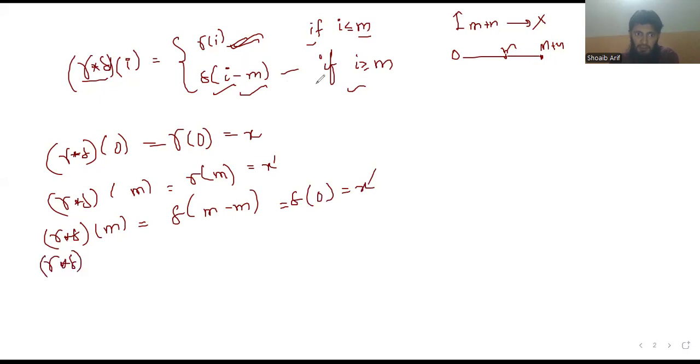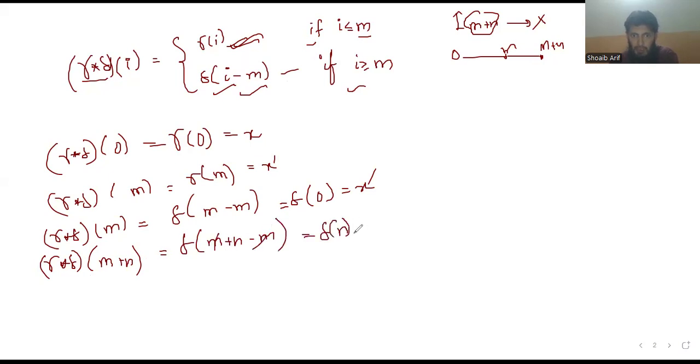What is the last point? The last point is m plus n. If we substitute i as m plus n, what will we get? M plus n minus m. So m minus m cancels, and we get sigma of n. So we will get x double prime.